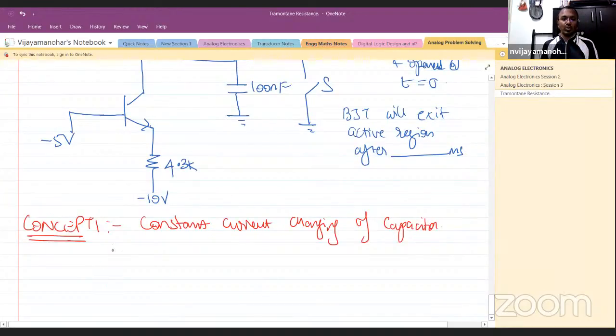If I charge the capacitor, look at this. I is equal to C dV by dt for a capacitor, correct? Now, I is constant.